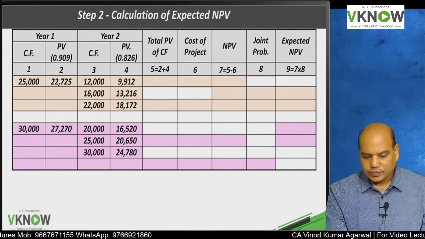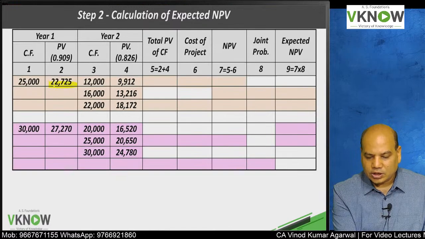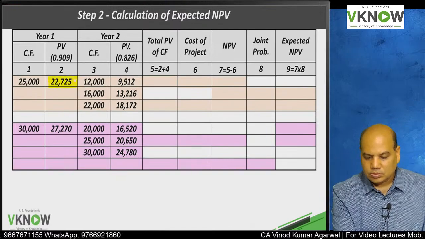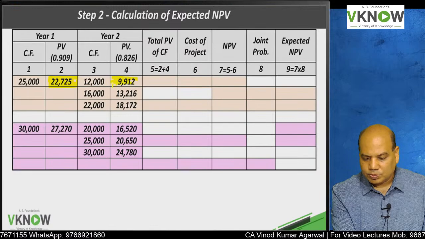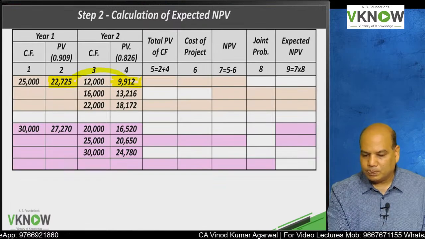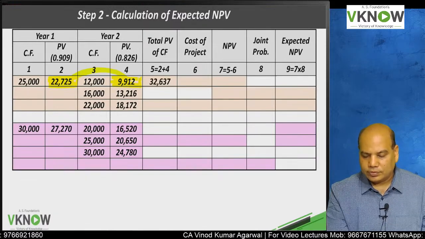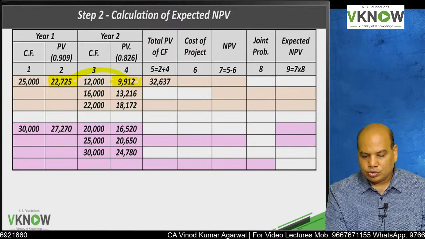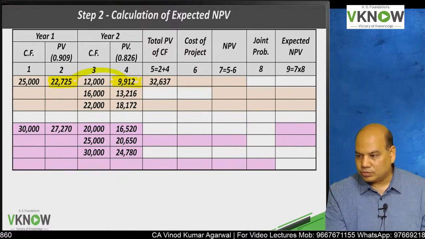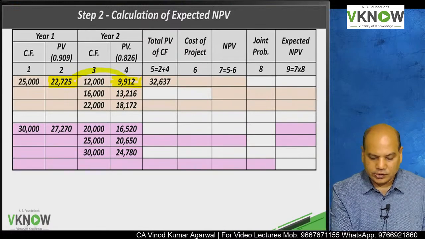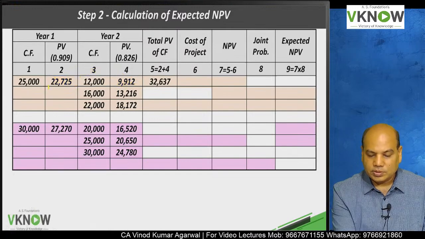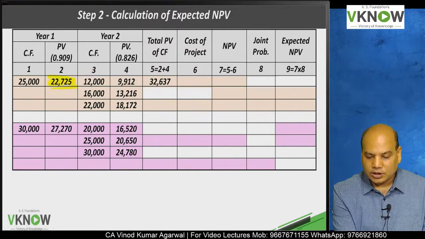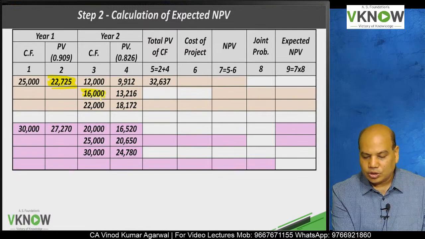No query. This is my year 1 cash flow. This is my year 2 cash flow, present value terms. So if this combination happens, my present value will be total of 22,725 and 9912, 32,637. But it is possible in year 1 you get 25,000 and in year 2 you get 16.